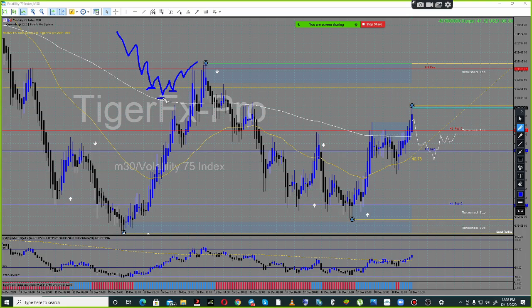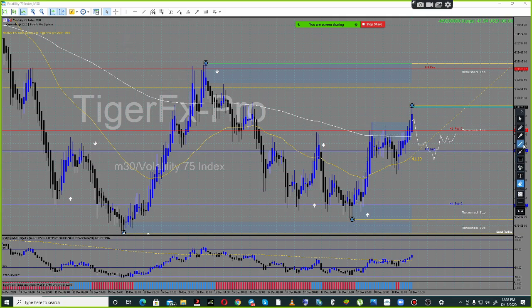In order for you to identify price is changing direction, you must look for head and shoulders. This here is our shoulder, this here is our shoulder, this is our head. So if you have a shoulder, the height of that shoulder must be broken. You can see here, the height of this shoulder has been broken.